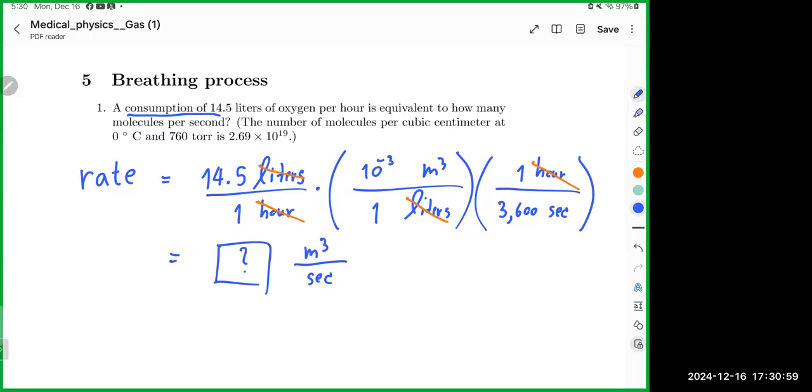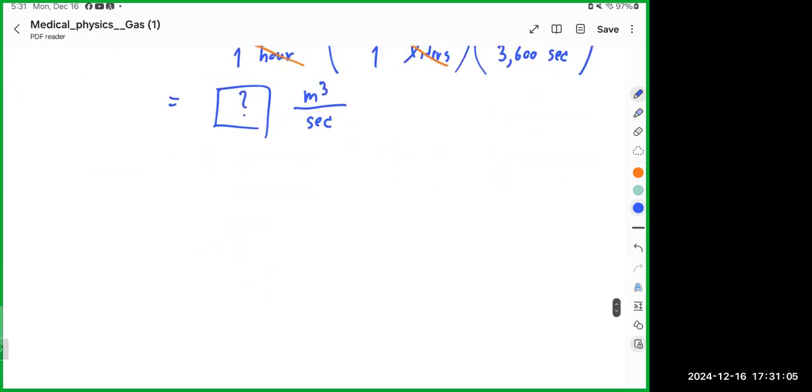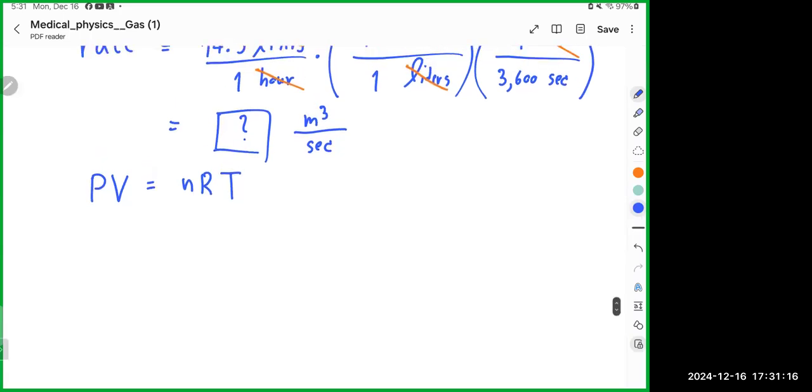To convert from volume into molecules, you need the relation of gas. And yes, in this case, you need the full form of the ideal gas law, PV equals nRT. You need to convert from V into n. Then you write n as PV over RT.